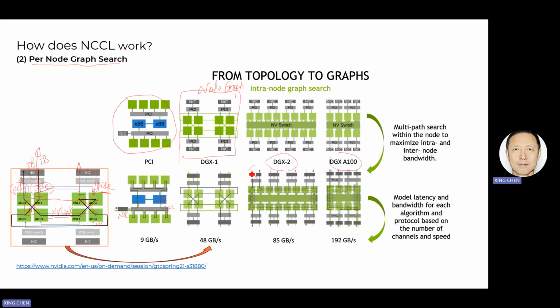Here for this NIC adapter, you have a ring that goes through this NVLink switch system. It passes all the GPUs and gets out from the same adapter. Then the same thing for the second adapter, the third, the fourth. You have 8 adapters, so you have 8 communication rings.